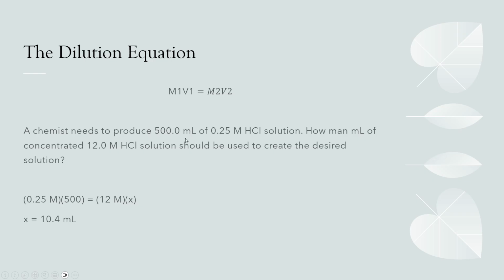You could just leave it as milliliters. And then we equal that to 12 molarity HCl times x, and x will be our volume. So once we solve for x, we get 10.4 milliliters. And think about it as cross multiplication, because it's kind of the same.